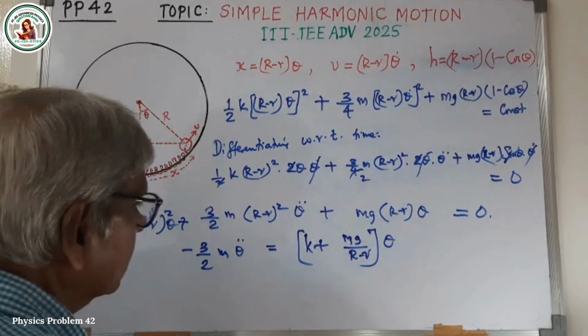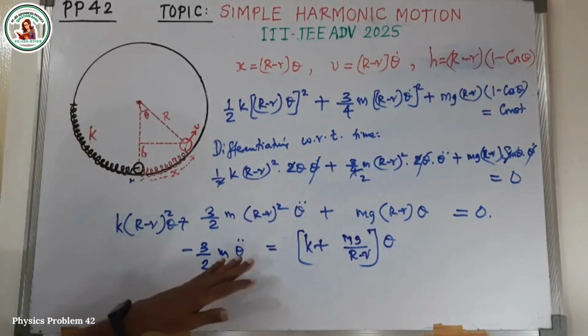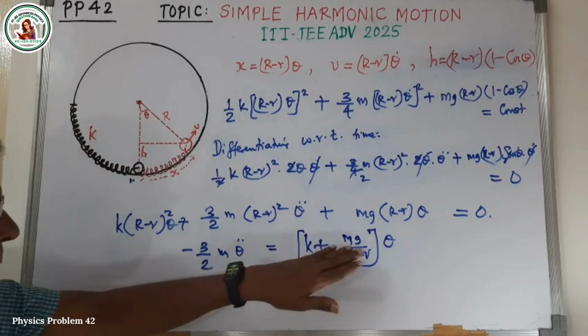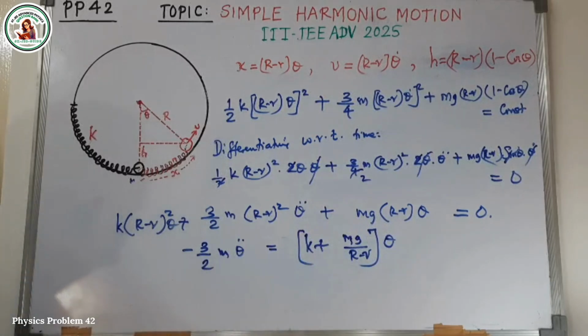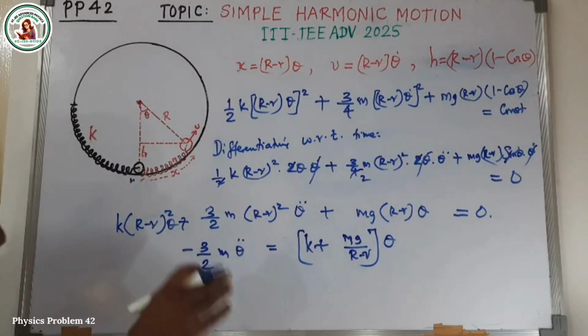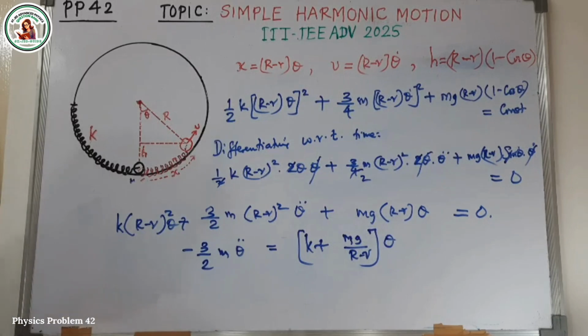Theta double dot becomes some constant times theta. This constant is our omega square. Further I will continue after clearing the board.